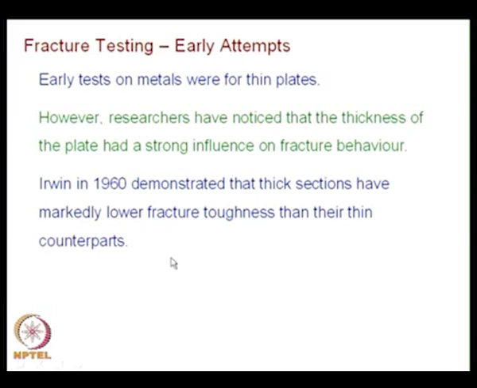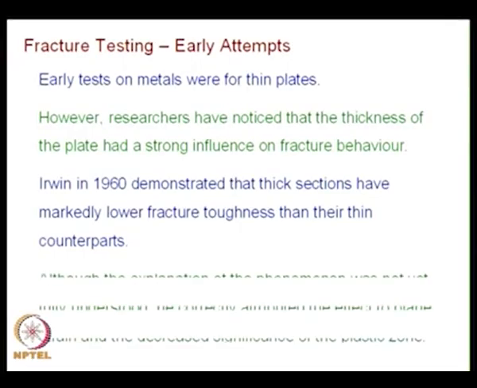Now, this is standard knowledge for anyone who does a course in fracture mechanics. He knows fracture toughness is a function of the thickness of the specimen. But if you look at the early stages, they arrived at this result based on experience, and intuitively they tried to propose why this happens.